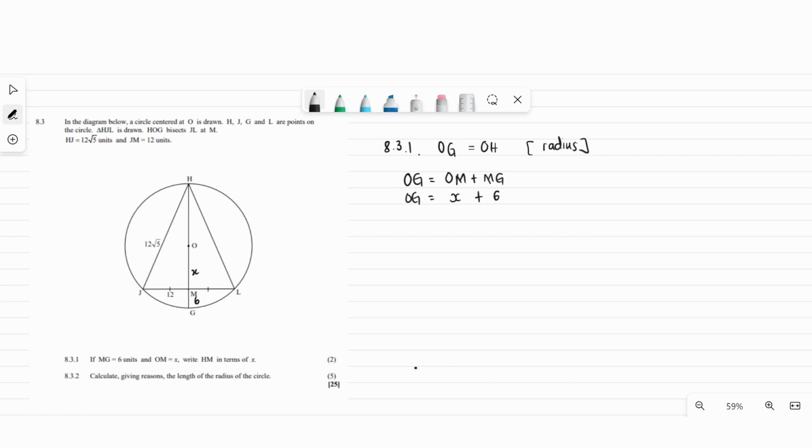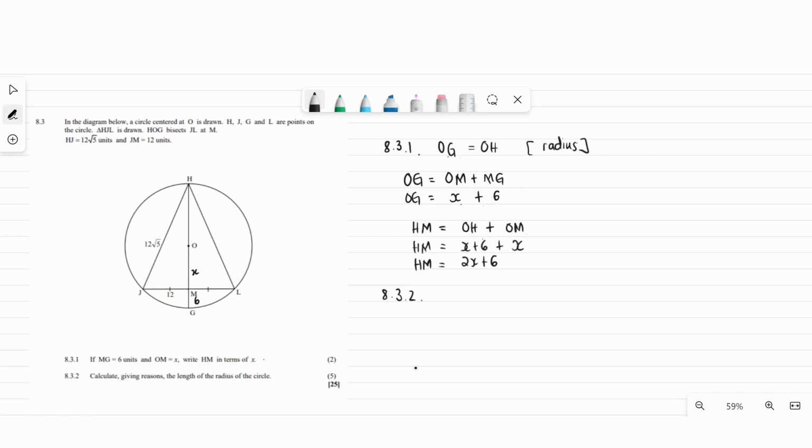What we want, which is HM, is made out of OH plus OM. OH is equal to OG, and therefore OG is equal to x plus 6. So HM is equal to x plus 6 plus OM, which is x. Therefore HM is equal to 2x plus 6. Then we are done writing HM in terms of x.